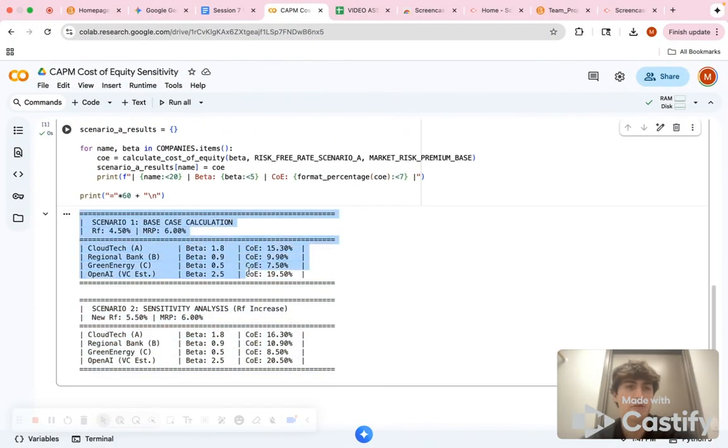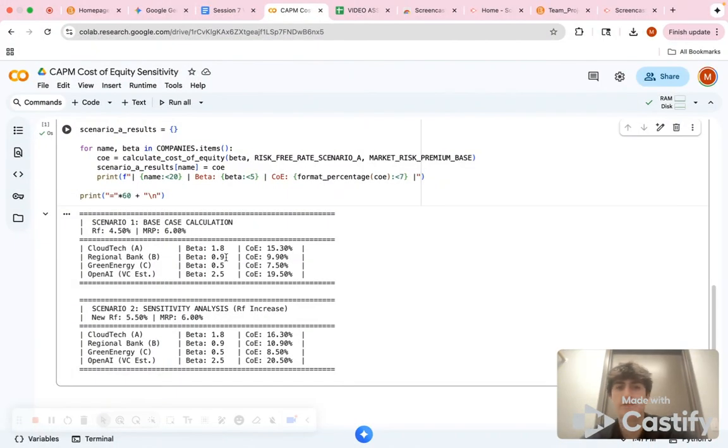So we can analyze this data right here. First, scenario 1, which is just the initial ones. We have Cloud Tech with a beta of 1.8, and its required return is 15.3%, which is high because the beta is high, and we'll see this as we keep going down.